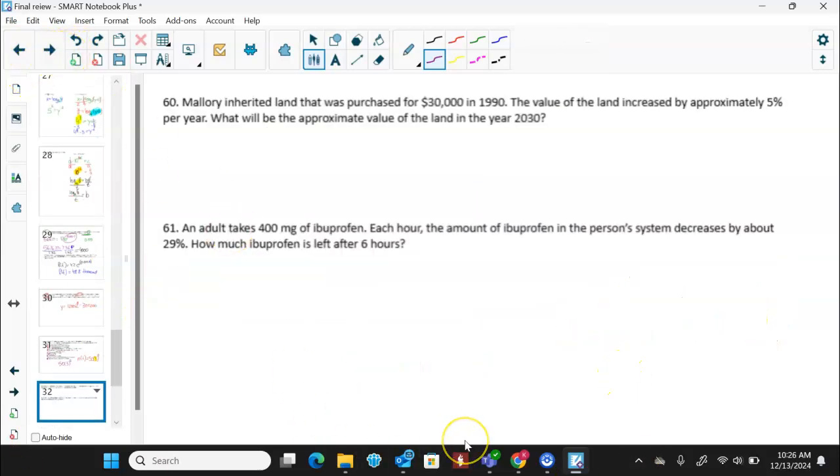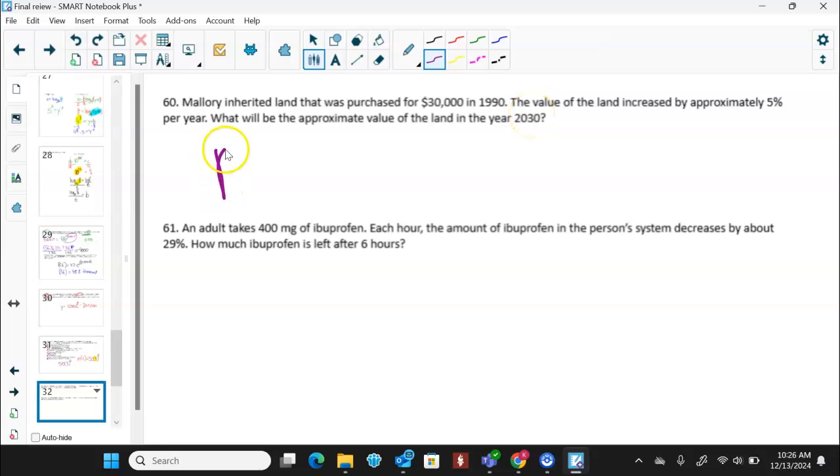All right. Question 60. Mallory inherited land that was purchased for $30,000 in 1990. The value of the land increased by approximately 5% per year. What would be the approximate value of the land in the year 2030? So this one doesn't say the word compounded in any way.